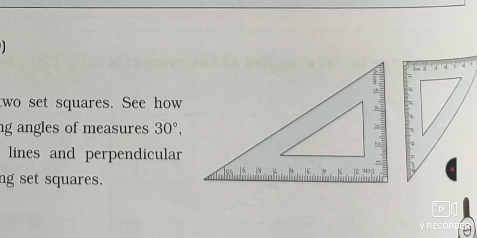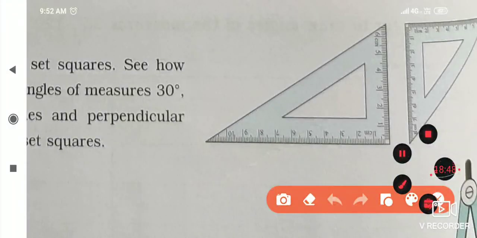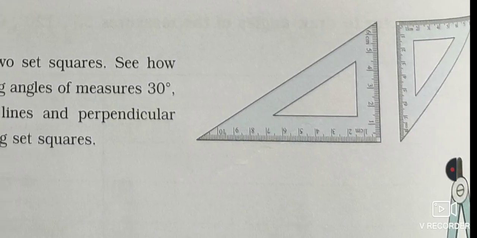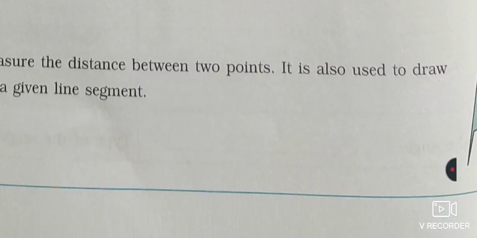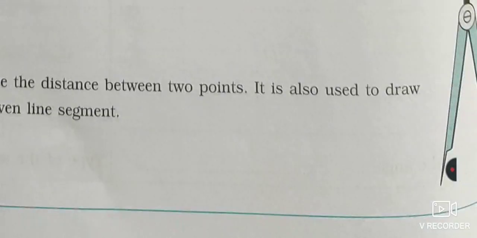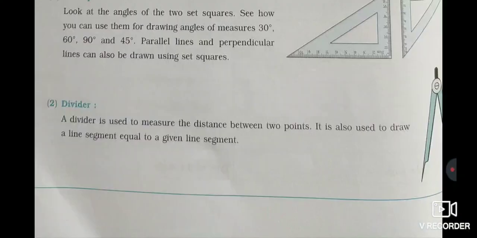And here is one more set square, and its angles are 90 degrees, 45 and 45 degrees. These types of set squares are present in your compass box. And this is the divider. That divider we use to measure the distance between two points.